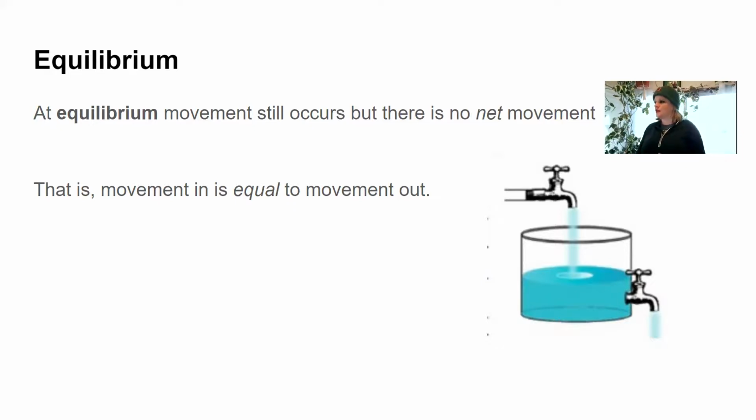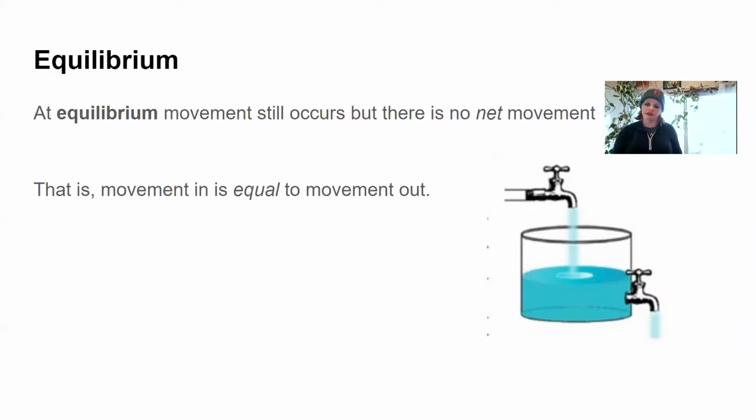So when we reach equilibrium, stuff is still moving around, but there's the same amount of movement coming in as coming out. And so the amount of movement is equal, but there's still movement going on.